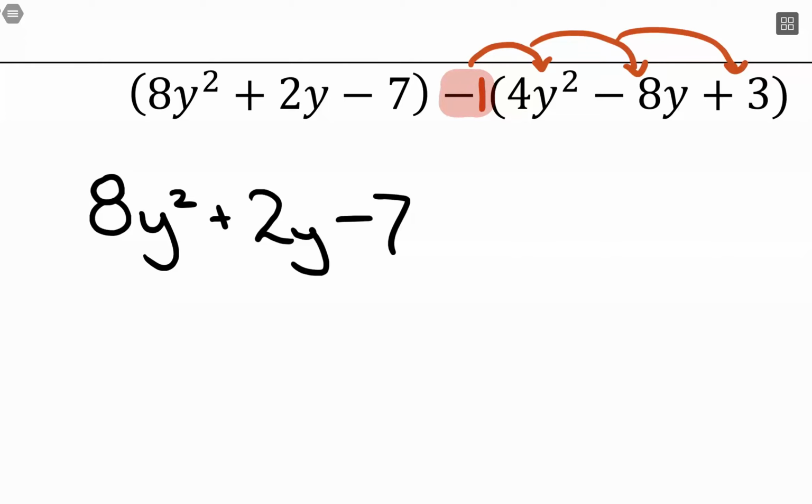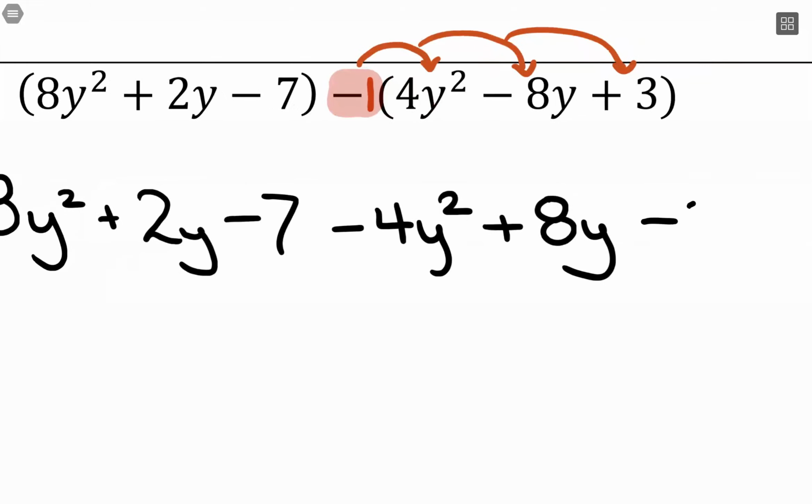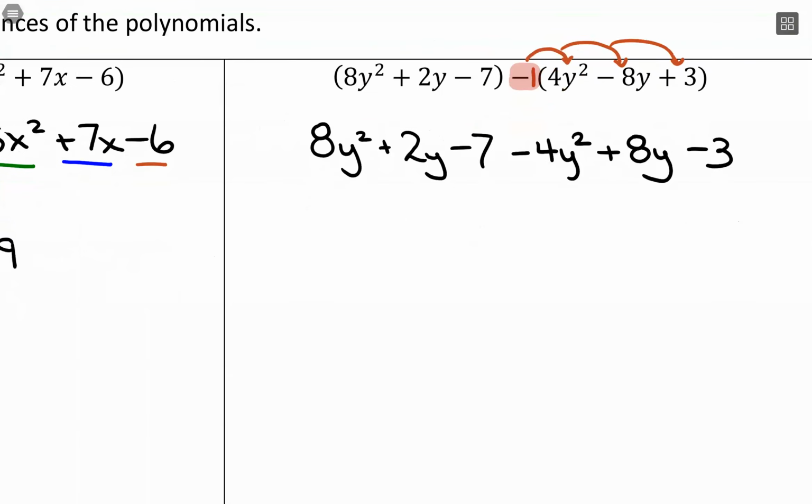So, negative 1 times 4y squared is a minus 4y squared. Negative 1 times negative 8y, positive 8y. And then negative 1 times positive 3, negative 3. So with that we have the parentheses gone, and now we can combine like terms.